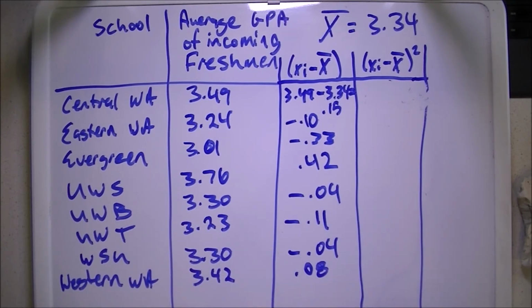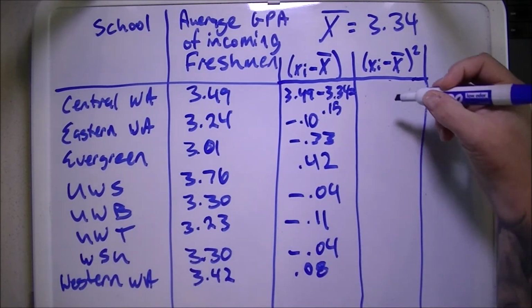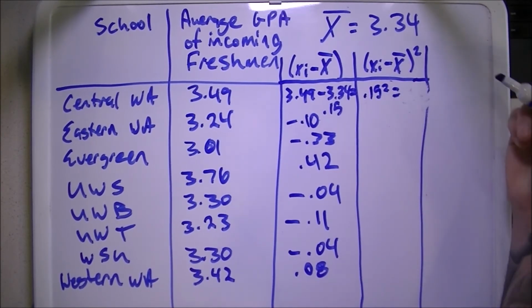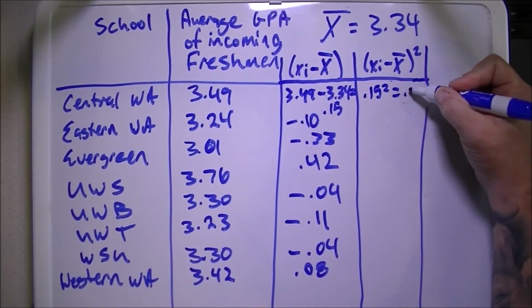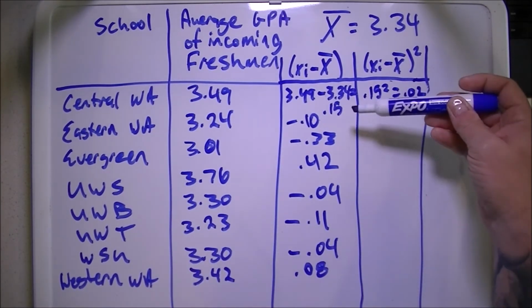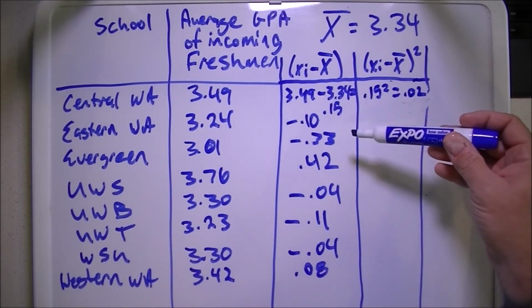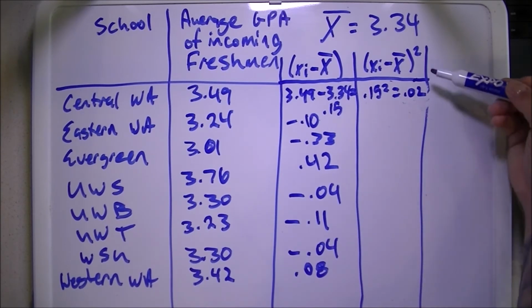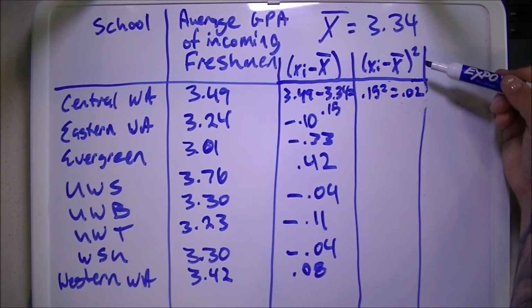Next, what we need to do is square the deviation scores for each case. So I'll do that for Central Washington. We have 0.15 squared gives us 0.02. And we have to do that for each case. So 0.15, negative 0.10, negative 0.33, and so on. We square each of these and we put them into this column that's called the squared deviation scores.